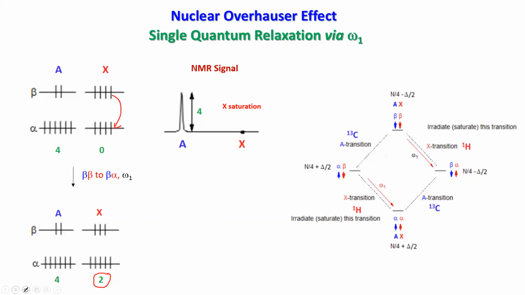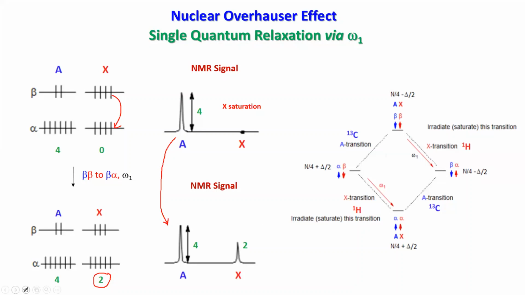In this case, you don't have any change in the peak intensity of the A nuclei, which in our case is 13C, whereas we will see a tiny peak appear for X, the proton nuclei, if you do this route transition. Got it?